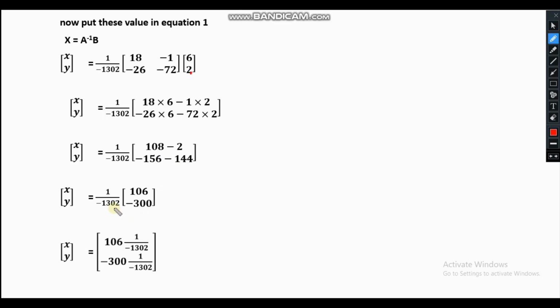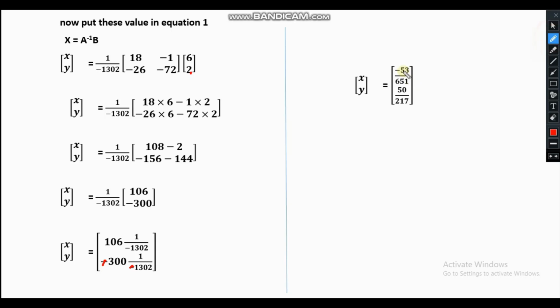Now again simplify, we multiply this value inside the array. The minus and minus cancel each other. So the value of x is equal to 53 divided by 651.